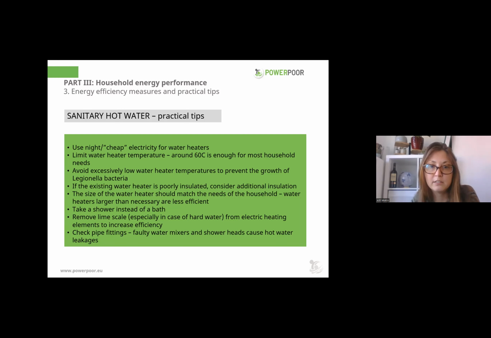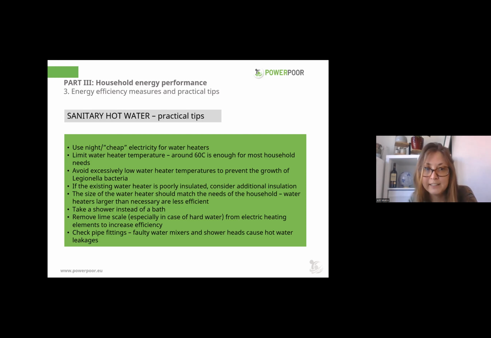If the water heater is poorly insulated, you should also consider additional insulation. And you should check how the water heater could match the needs of the household. You should choose a heater which fits exactly the size of the household. If it is larger, then you are using much more energy than you would need.